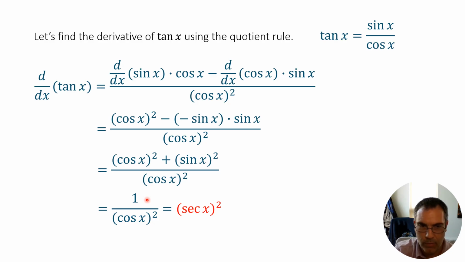And so cosine squared plus sine squared gives you the hypotenuse, which is 1. Okay, that's 1. In the bottom we have cosine squared. So we have 1 over cosine squared. Another way to write that would be the secant squared. Remember, 1 over cosine is secant, so 1 over cosine squared is secant squared. So that's it. The derivative of tangent is secant squared.